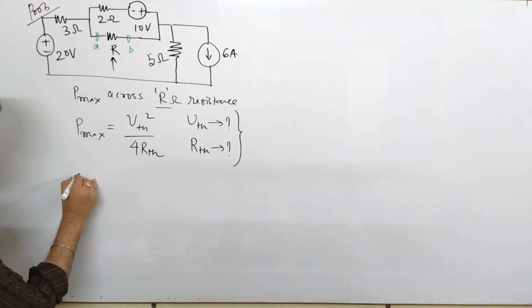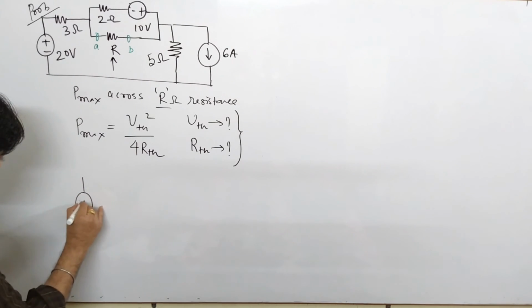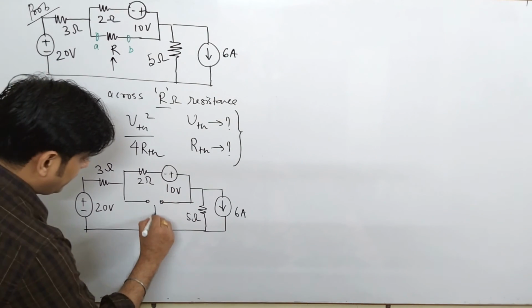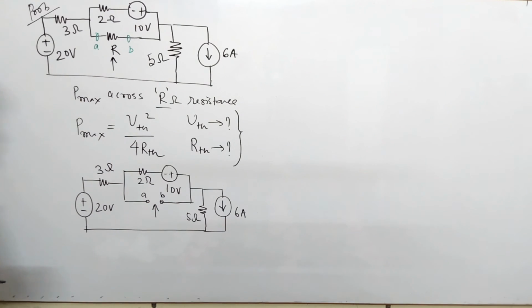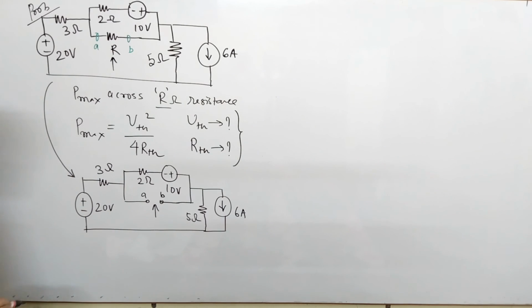So I will redraw this network. Please see, I will redraw this network. Now you have to find your equivalent at this terminal AB. So now this is your actual circuit. First of all we will find the Thevenin's resistance.